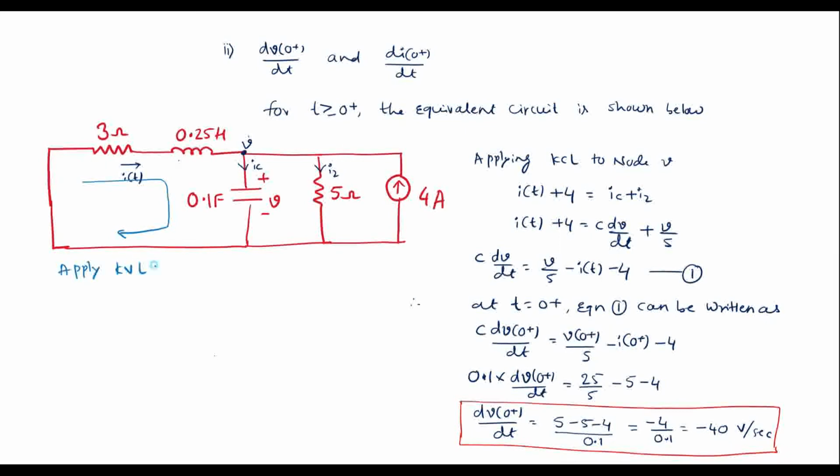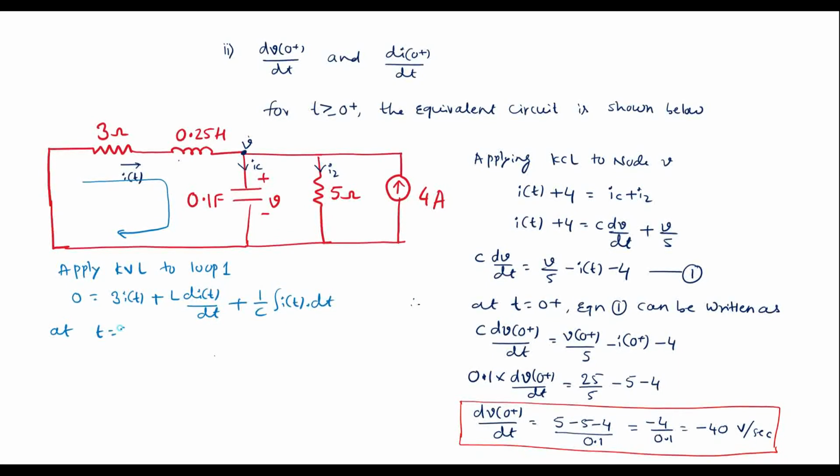Apply KVL to loop 1. I can write 0 is equal to, voltage across 3 ohm resistor is 3I of t, plus voltage across inductor is L di of t by dt, plus voltage across capacitor is 1 over C integration of I of t into dt.